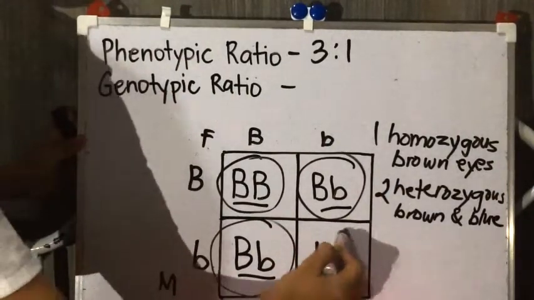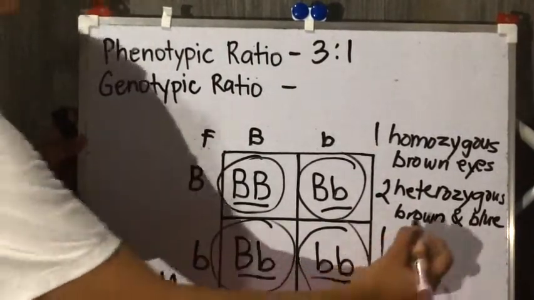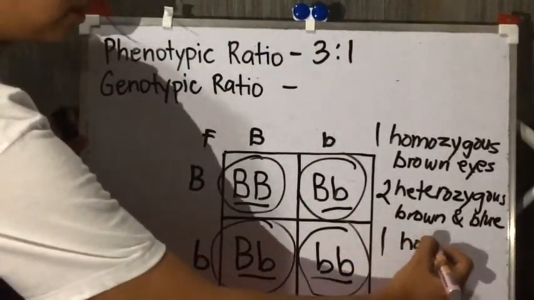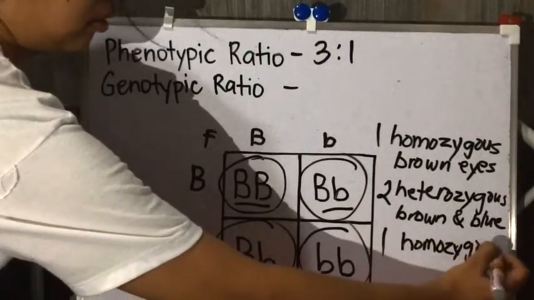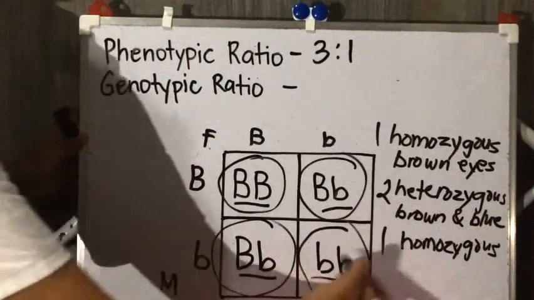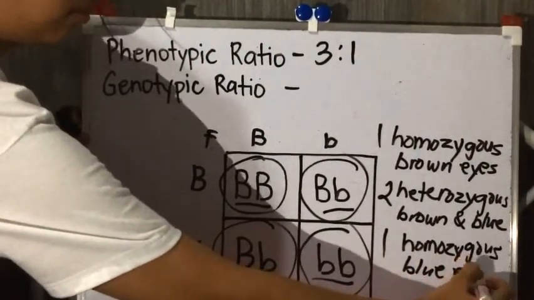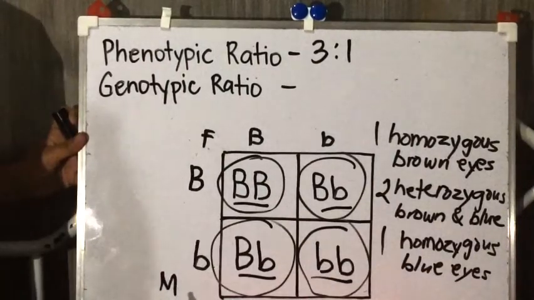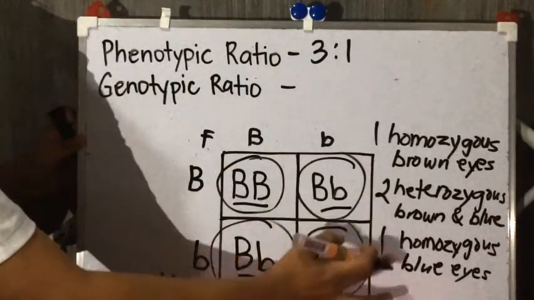Next, the last one is homozygous because they are both small letters. 1 homozygous for blue eyes. So, we have the genotypic ratio 1:2:1.